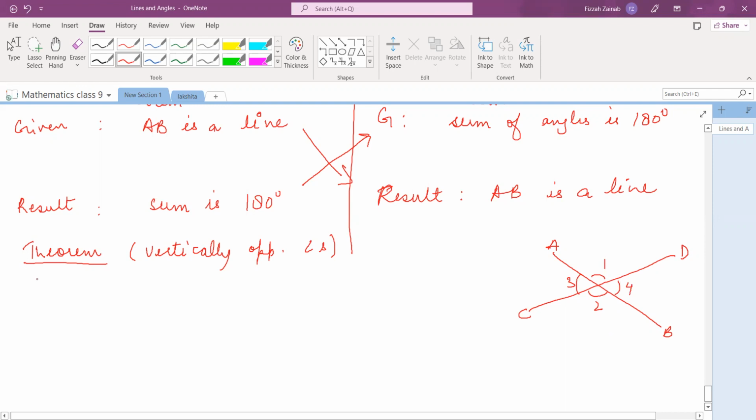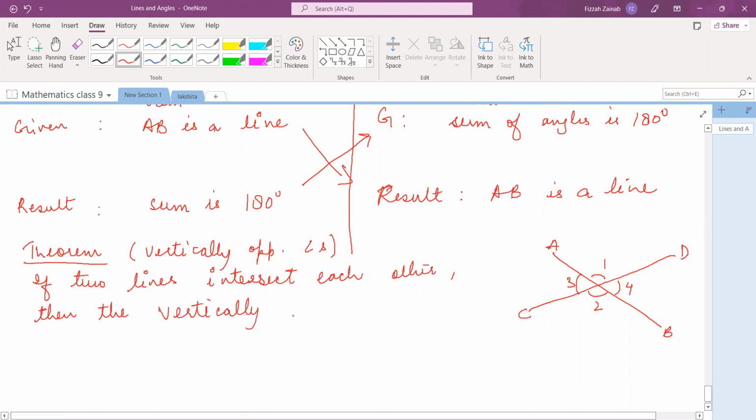So let's write, if two lines intersect each other, then the vertically opposite angles are equal.